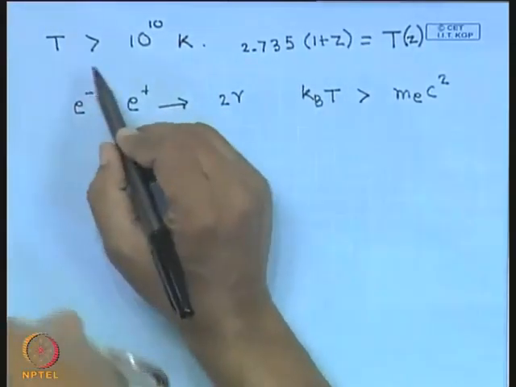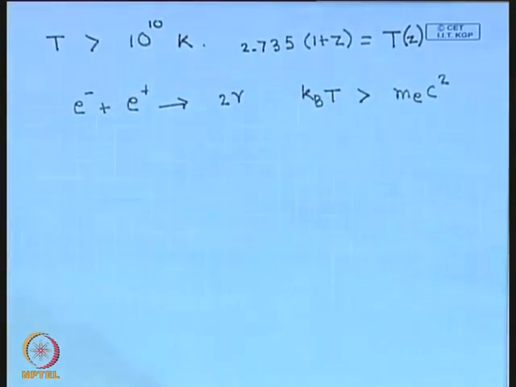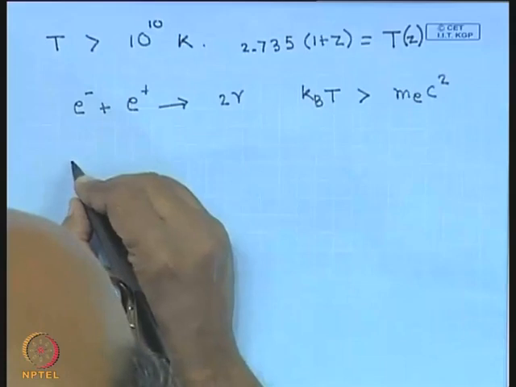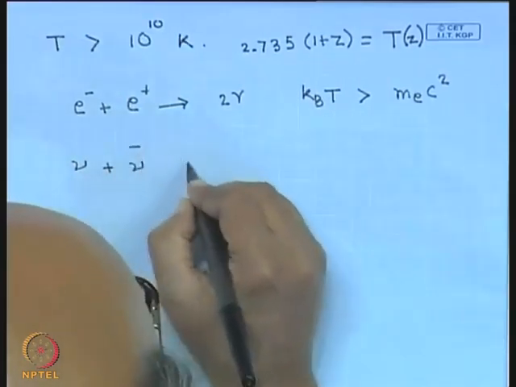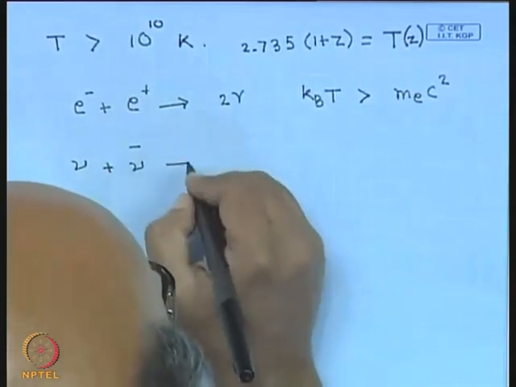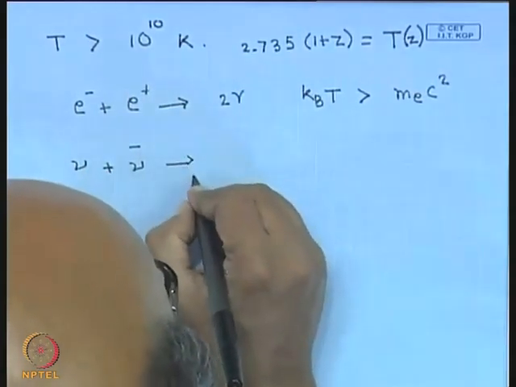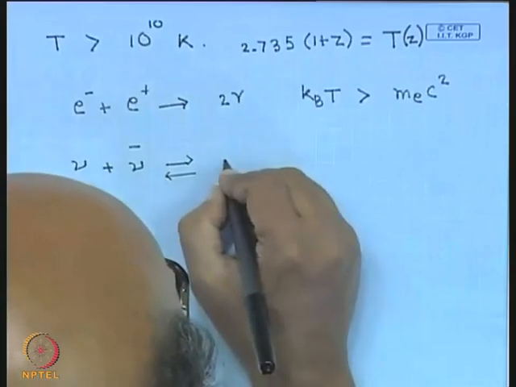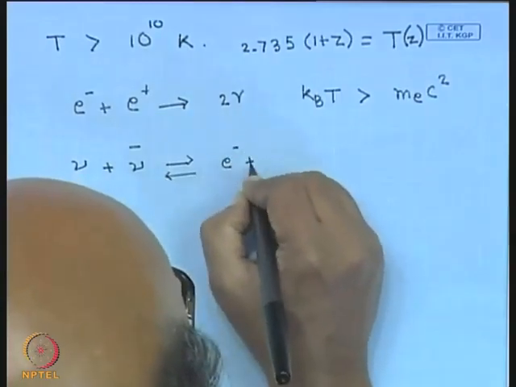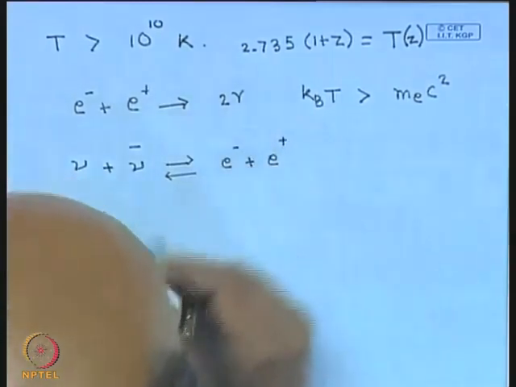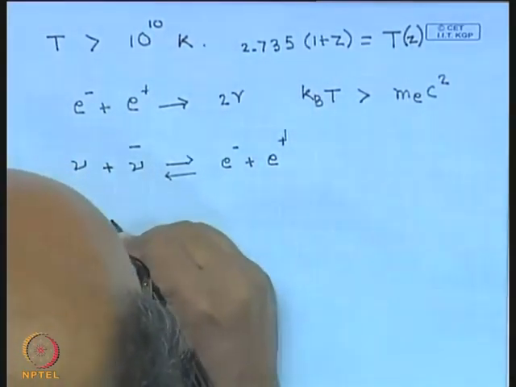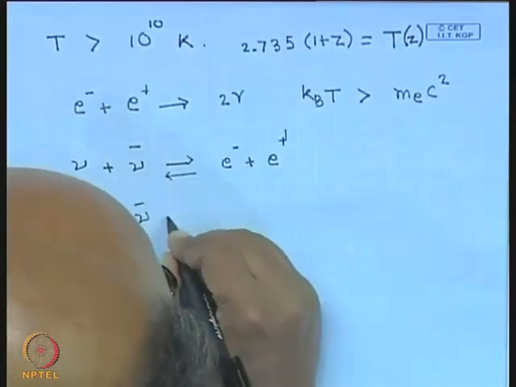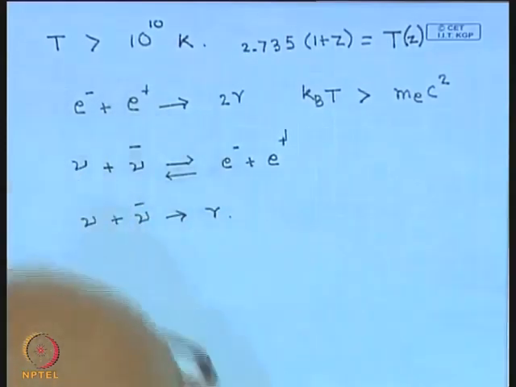Also at these temperatures, we know that there are neutrinos in the universe. So the neutrinos will also be in equilibrium, will also be produced, and they can also produce photons. So you can have the annihilation producing photons.